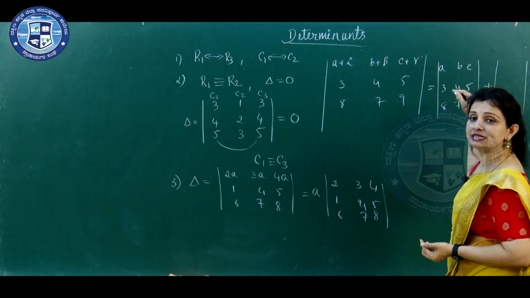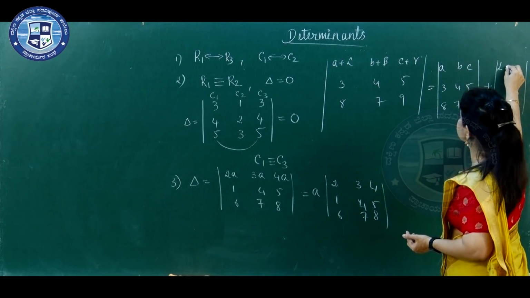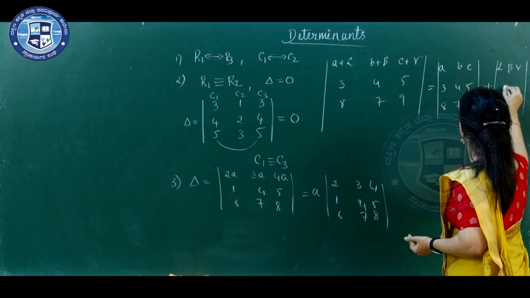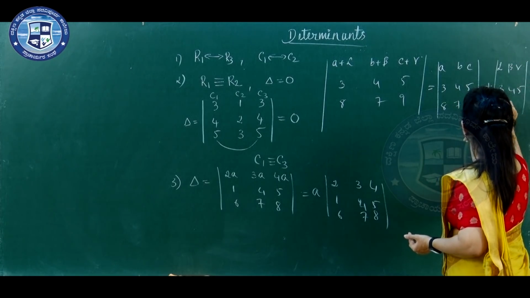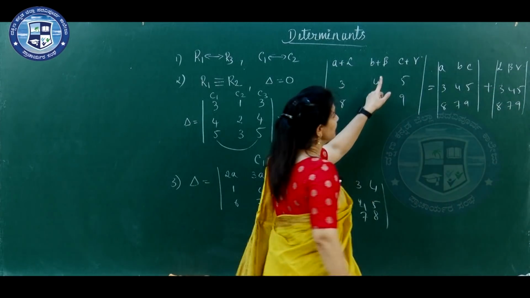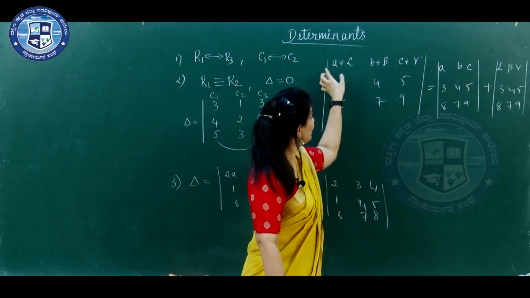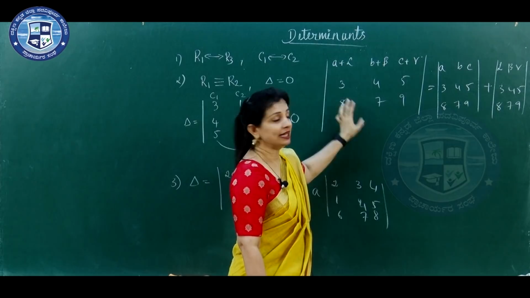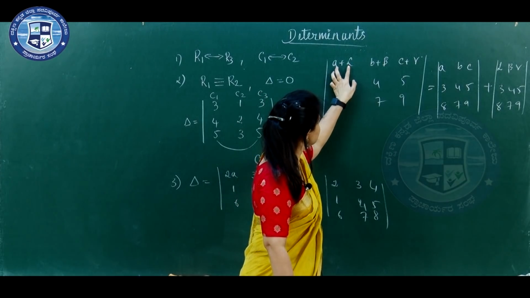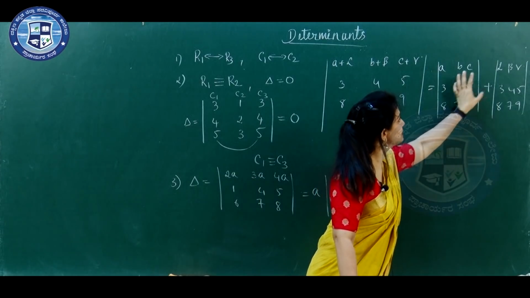For the second determinant, the first row elements are alpha, beta, gamma, and 3, 4, 5, 8, 7, 9 are the same. In this way, if in any row or column each element can be written as a sum of two numbers, then the value of the determinant is the sum of two determinants.